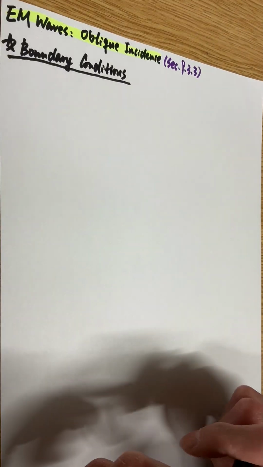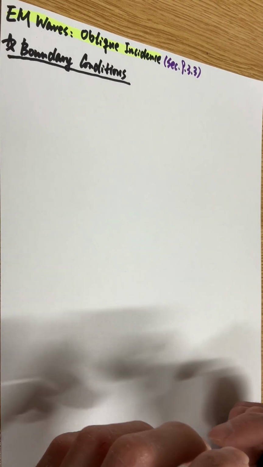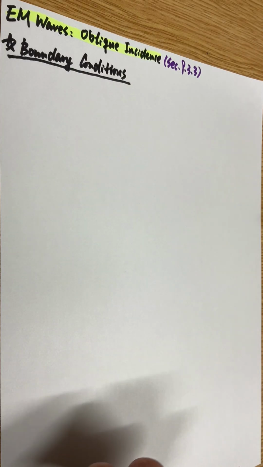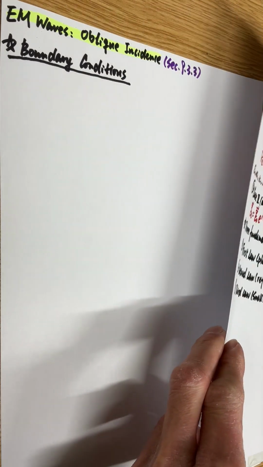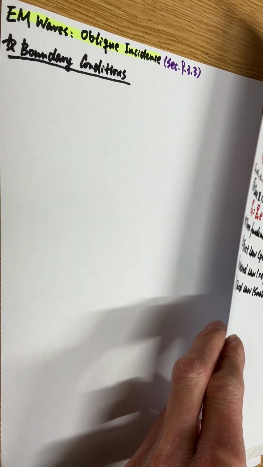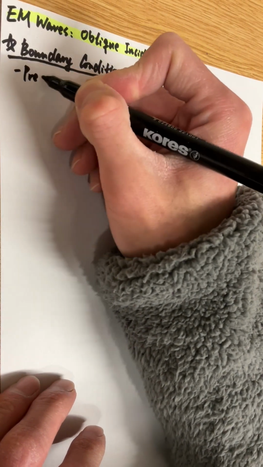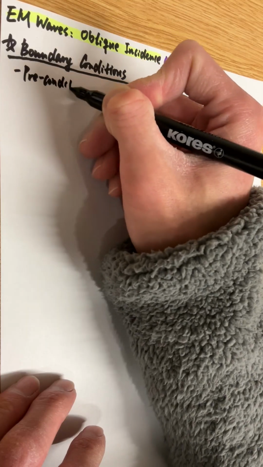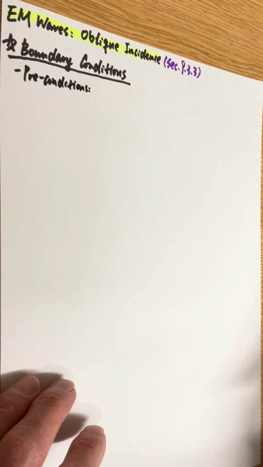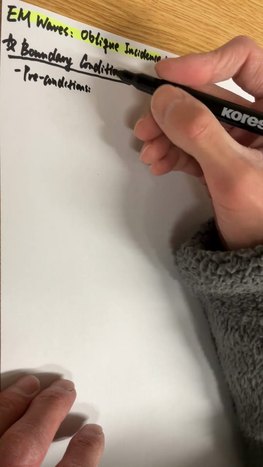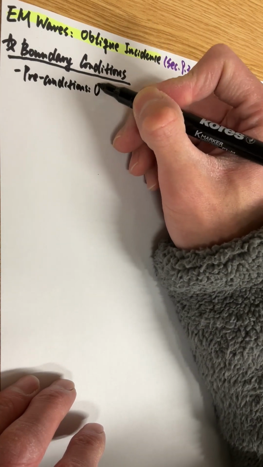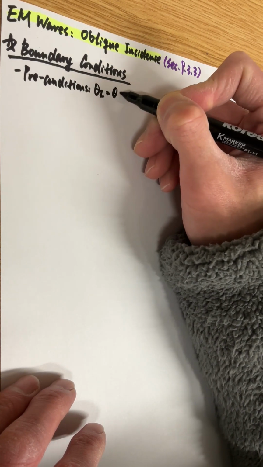Okay, now we're ready to solve all the wave functions based on boundary conditions. So we have some preconditions based on the three fundamental laws. Let's write it down here. The second law, the law of reflection, tells us that theta I equals theta r.